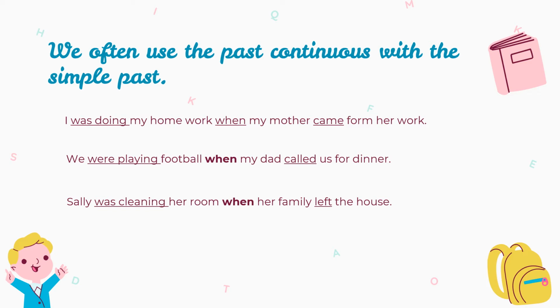So was cleaning is the longer action, and it happened first. For came, called, and left, which are in the simple past, these actions are the short actions, and these actions interrupted the long ones.